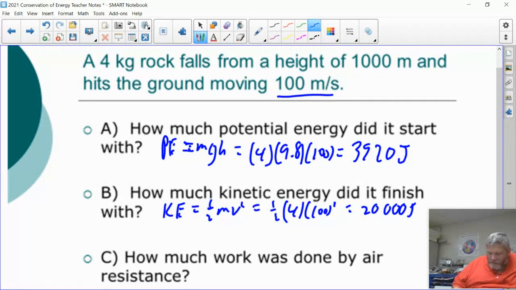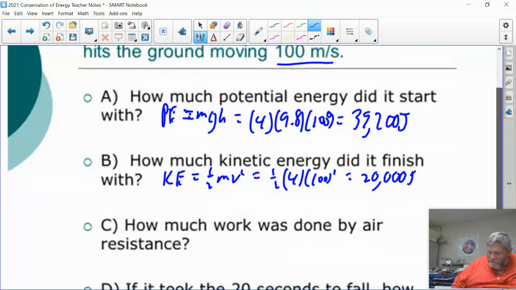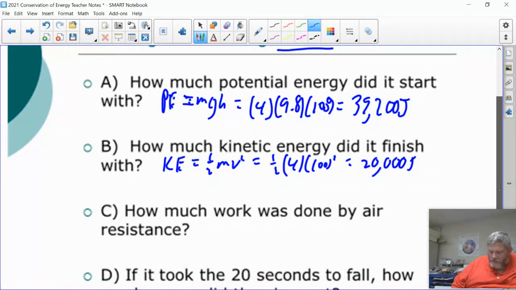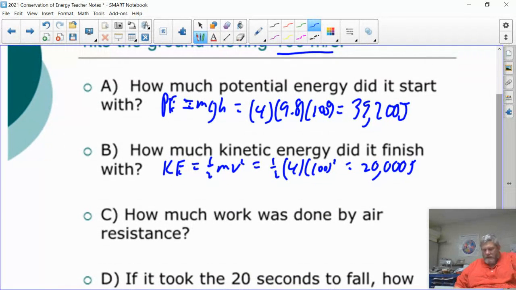All right, let me back up real fast. I put 100 here. This should be 1,000, right? So this should be another 0 here. So this should be 39,200 joules and 20,000 joules. Sorry about that.